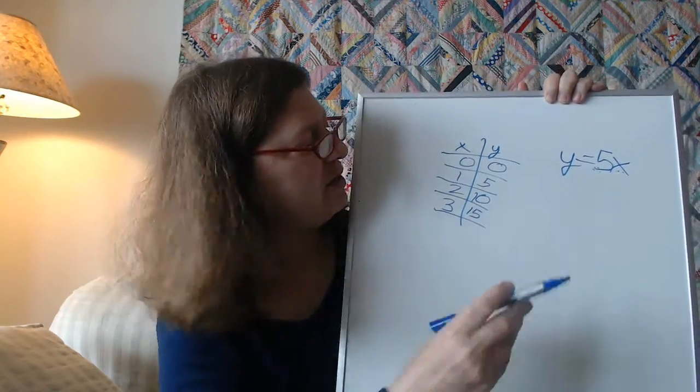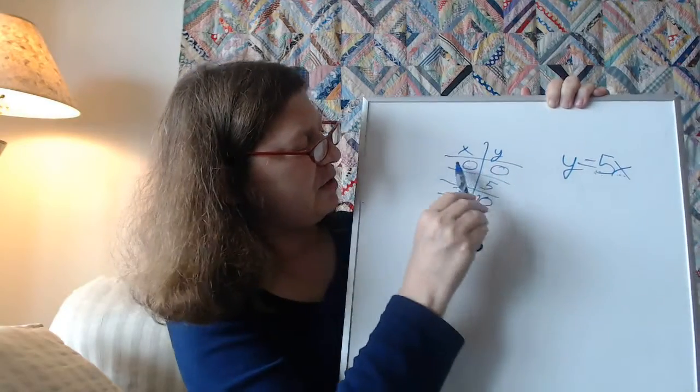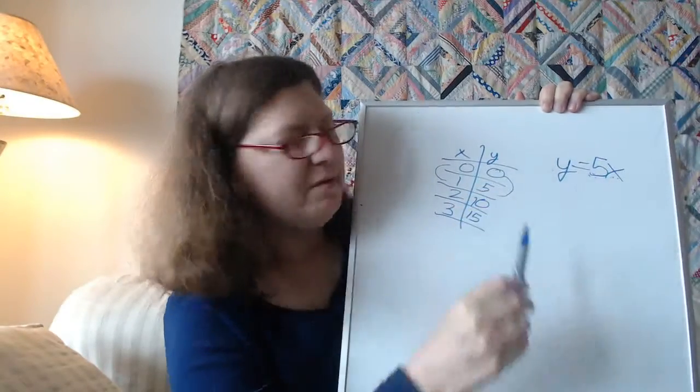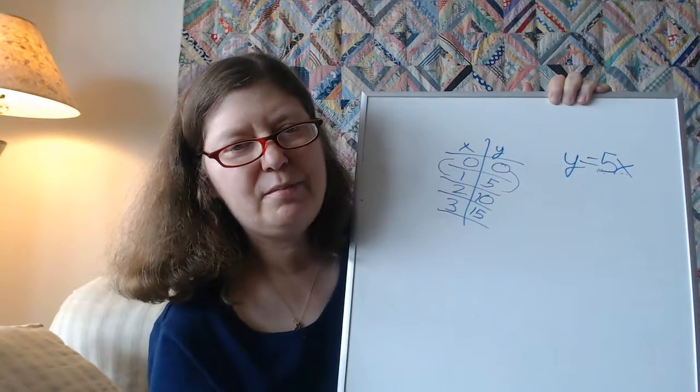So what we're saying is every time x comes up a notch, we add 5. That's all it means.